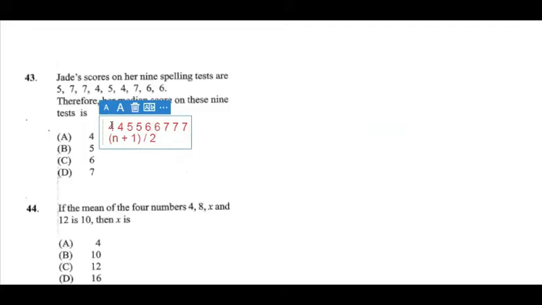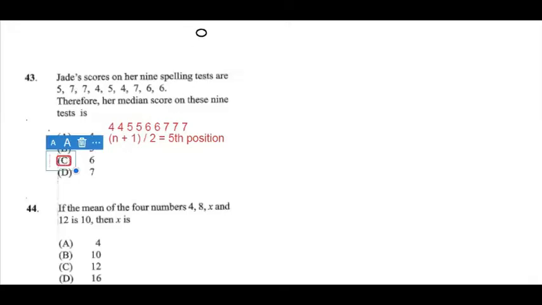In this case, n is 9, so it is 9 plus 1 to give us 10, divided by 2, and that is equal to 5. So our middle number, or median, is in the 5th position. So it will be 1, 2, 3, 4, 5. So therefore the answer for 43 is C, which is 6. And remember, if there are 2 numbers in the middle, what we will need to do is to add both numbers and then divide them by 2.